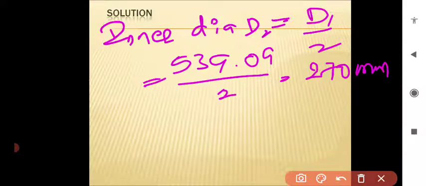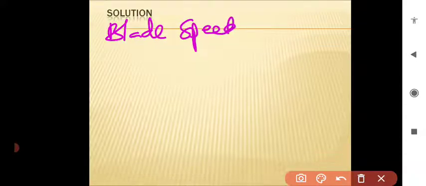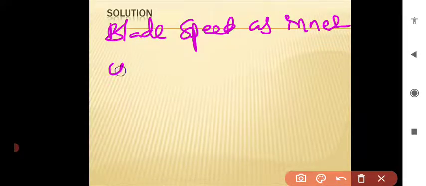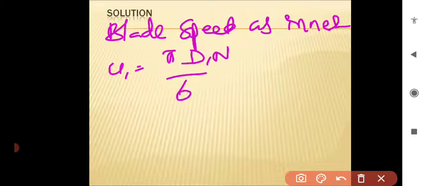Now we have to calculate the blade speed. u1 is equal to pi d1 n by 60.